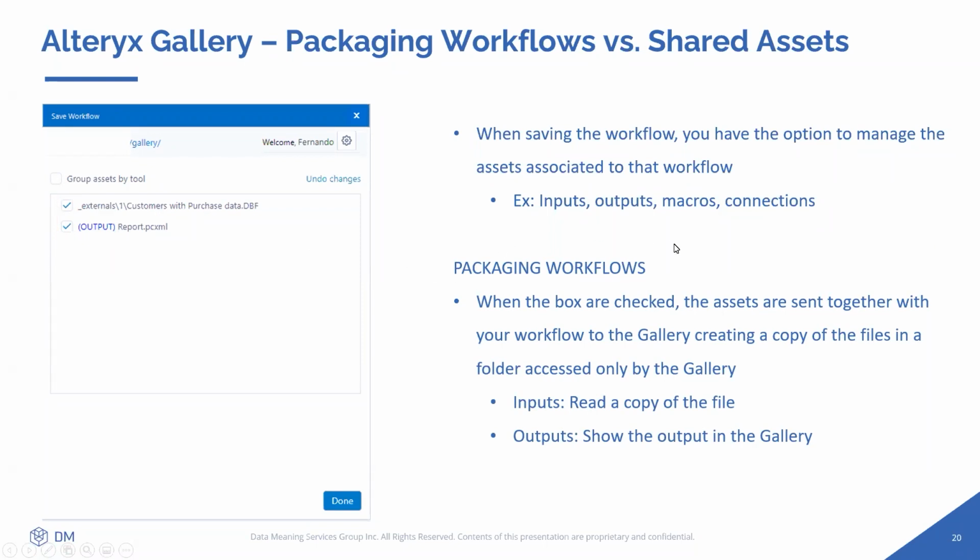So it's similar to a zip file where you are including all of your workflows and all of your inputs and outputs and sending that directly to the server. So what would happen there is that Alteryx is creating a copy of everything on the gallery. So let's say that you have a static file that you don't need to update.